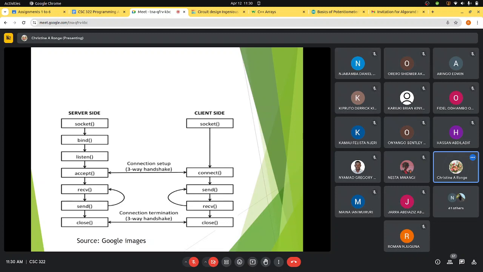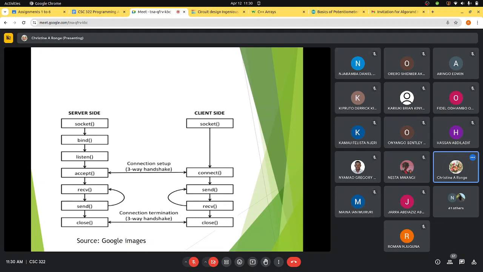Now, once the send command has been executed, then the next command should be receive, because if the client makes a request to the server, the next thing it expects is a reply. So this receive command is for receiving the reply that comes from the server. And of course, with that reply, there must be a buffer where you will put that reply.